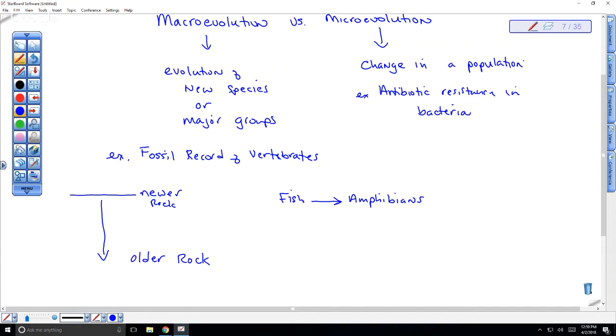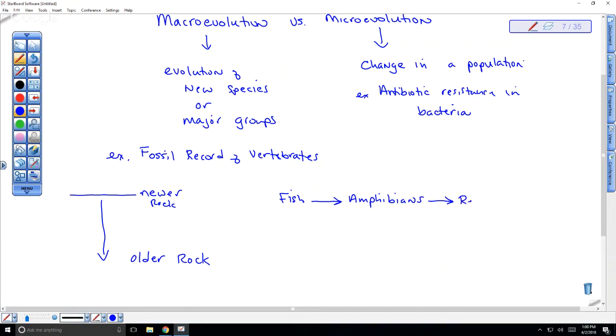So amphibians specifically are tetrapods, so they have 4 limbs, and they moved on to land, right? However, they were still tied to land because they have to go back to water to reproduce. So we're talking about like frogs and salamanders.